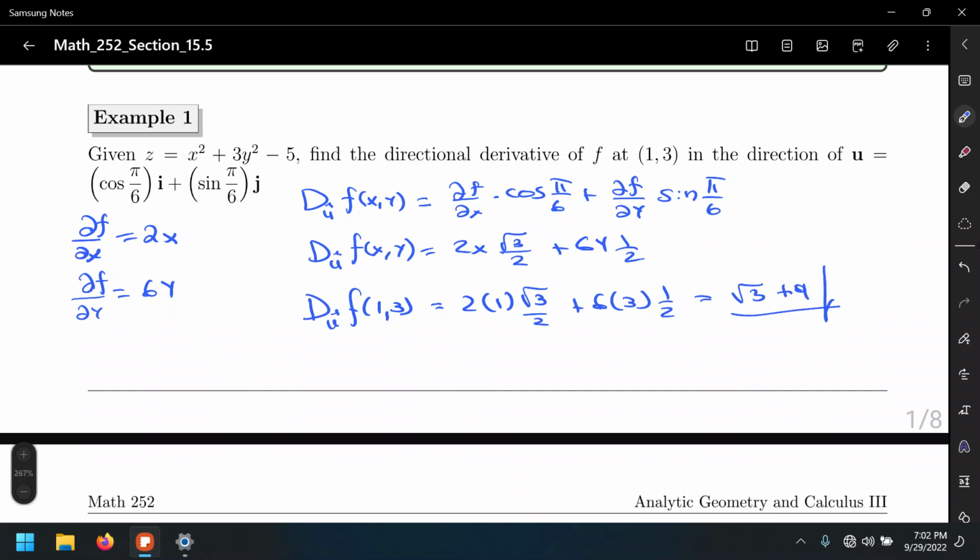That means that if we start moving in the direction of this vector, root of 3 over 2, 1/2, we're going to go uphill. That's because the sign of the derivative is positive. So we're going to go uphill in the direction of this vector. Let's look at the next example.